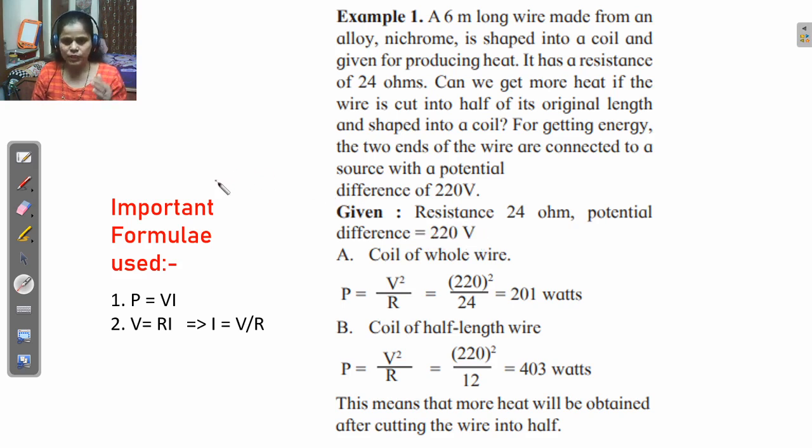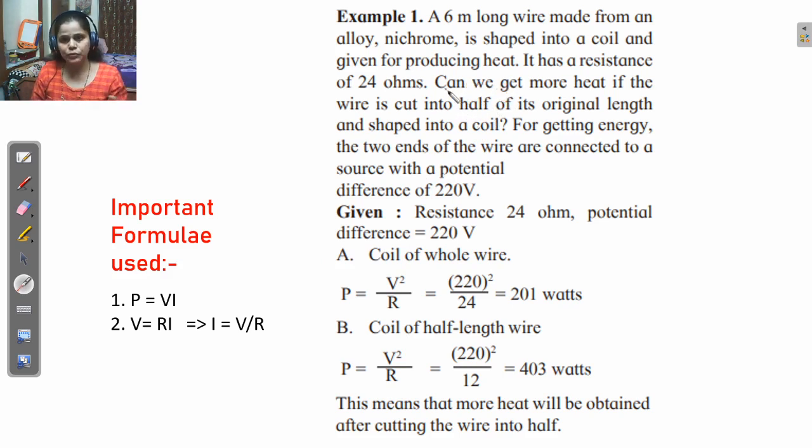In this question, the important formulas used are: P, that is power, equals VI, where V is the potential difference and I is the current flow, and V equals RI from Ohm's law. So let's solve. Condition A: coil of whole wire, we have to find the energy.